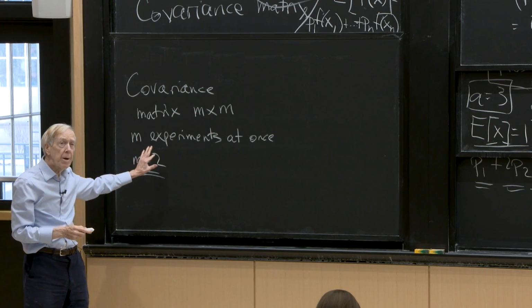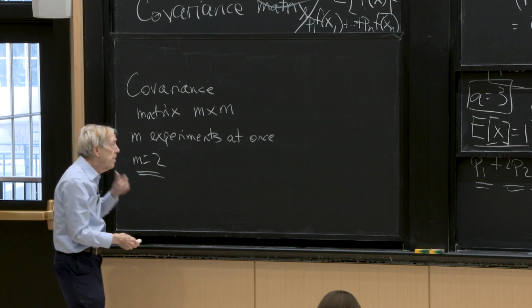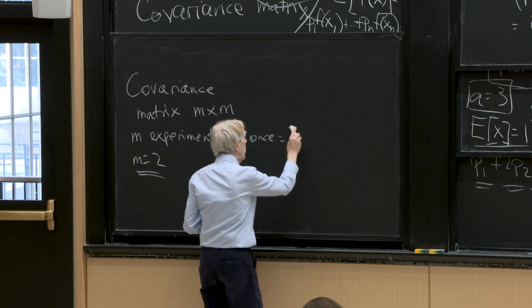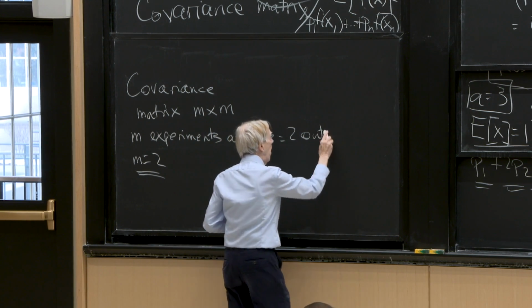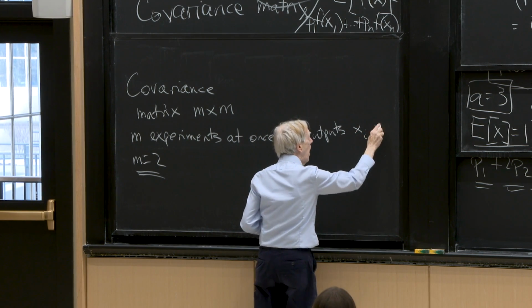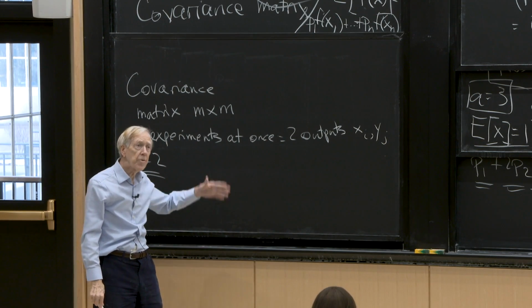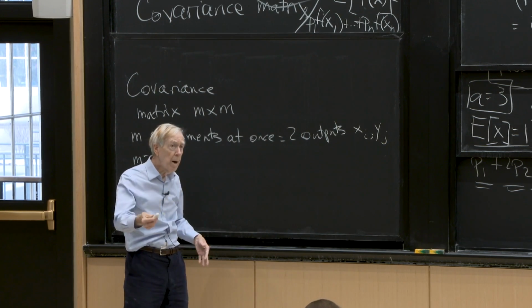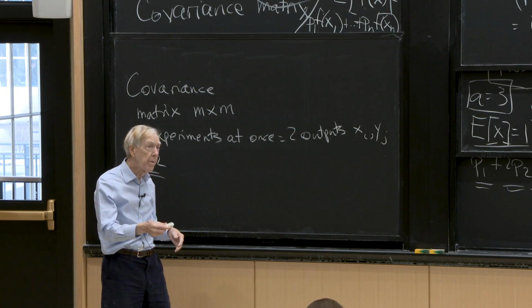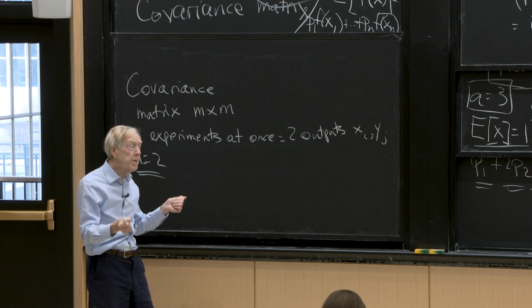And what are we starting with? We're doing 2 experiments at once. So we have 2 outputs, an x and a y. The x's are the outputs from the x experiment. The y's are the outputs from a second experiment. We're flipping 2 coins.